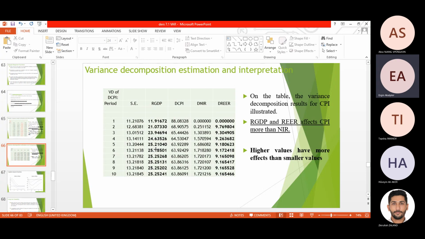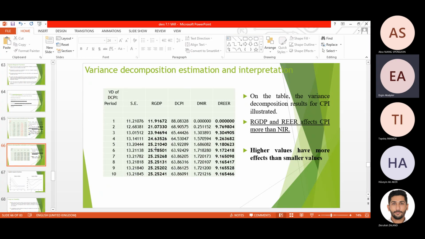Therefore, when you are looking at the numbers, you observe the real GDP is higher than the others. The CPI is not taken into account, because it is not important here. It is higher, but it's not necessary to consider. The real effective exchange rate is also higher, but the nominal interest rate for the variance decomposition is very low.